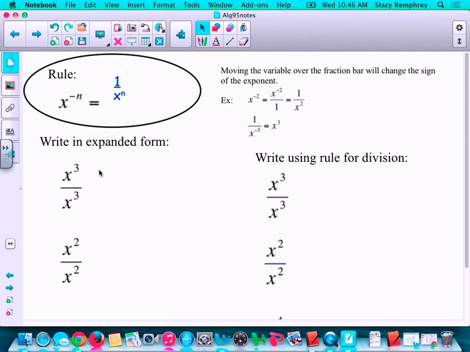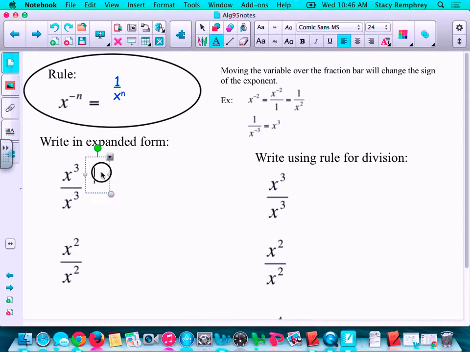We're going to look at one more rule here. And this one, a lot of you picked this up yesterday. Oops, sorry for the sideways. And if I use subtraction here, I get 3 minus 3, which is 0. 2 minus 2 is 0.